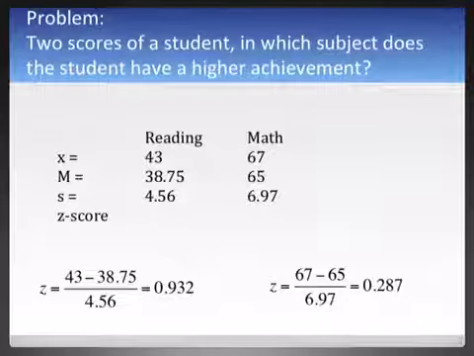So about a third of a standard deviation above the mean. And now we can compare the relative standing in reading and math. We can tell that this person does quite a bit better in reading overall than in math.